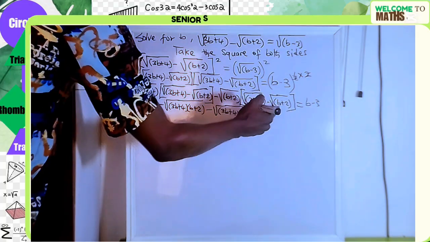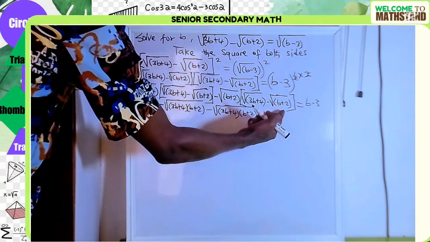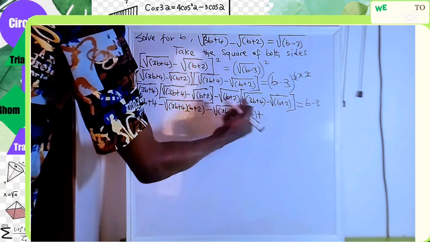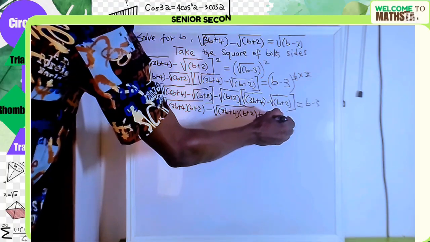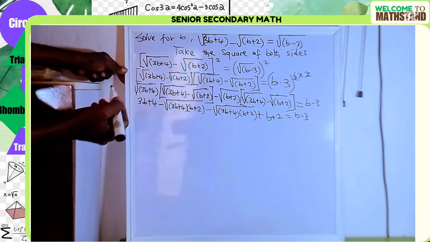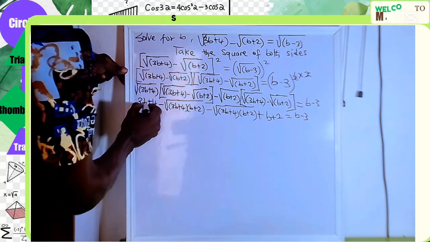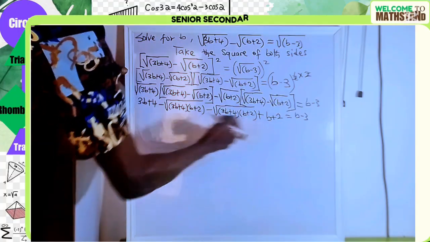So this times this, you can see they are the same thing. So b plus 2 times b plus 2, that is conjugate of each other. So we now have plus b plus 2 equals b minus 3. So from this part, let's just collect everything. So we have 3b.